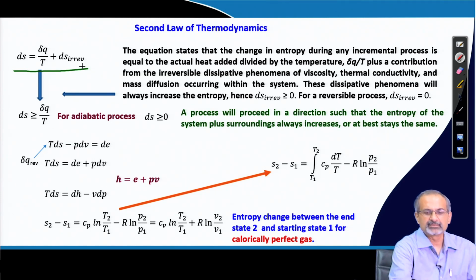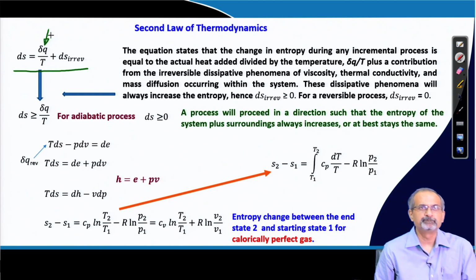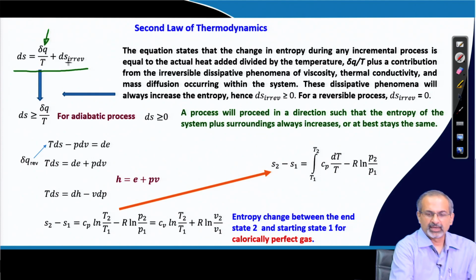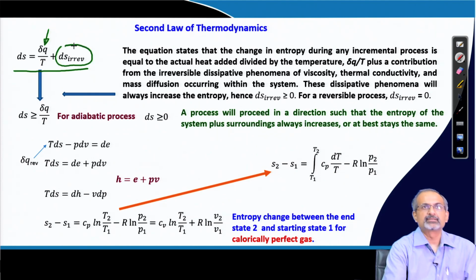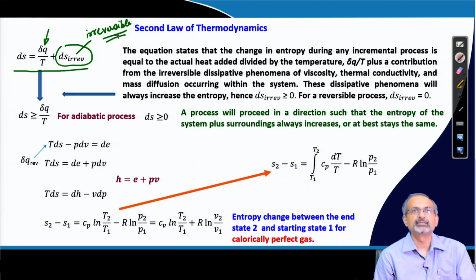So, the ds is represented as the ratio of del q by T. So, once again del q is process or path dependent divided by T, the temperature at which the heat transfer occurs, and then we have added a term ds with a suffix irrev, which stands for irreversible. So, that is a change in entropy which is associated with the irreversibilities.